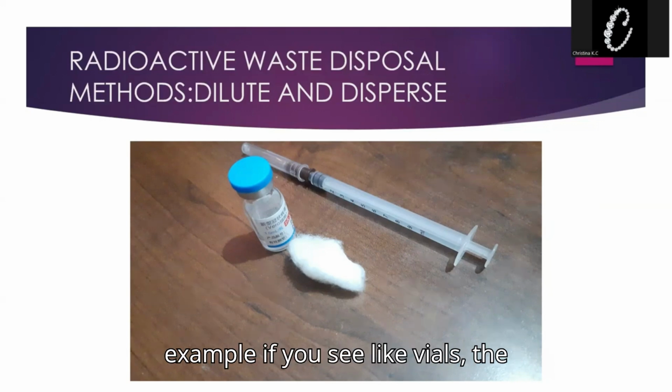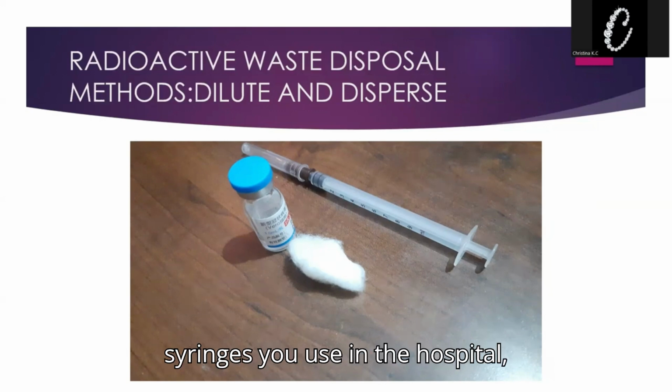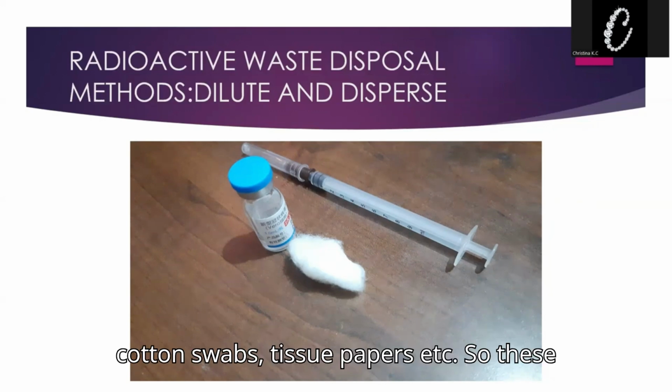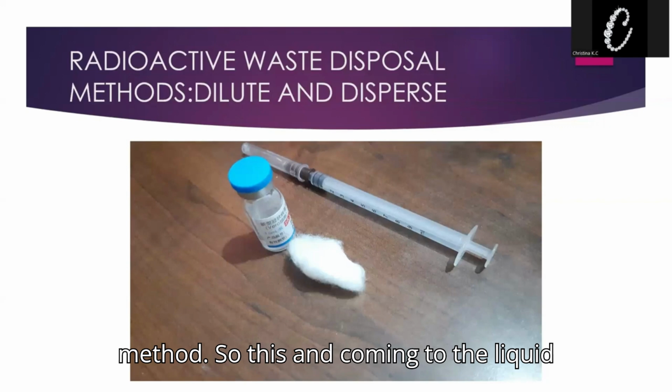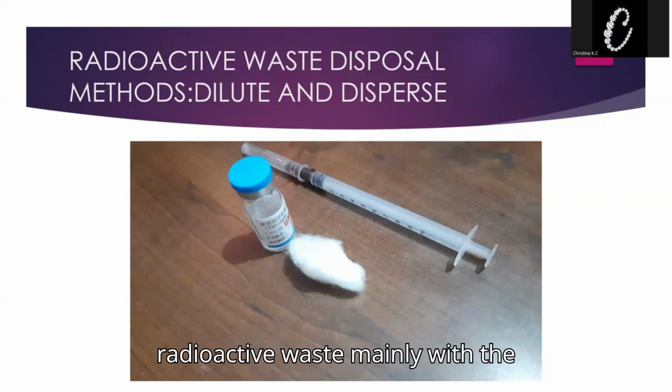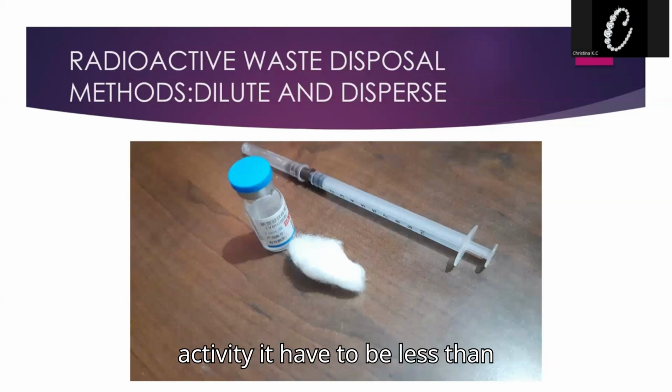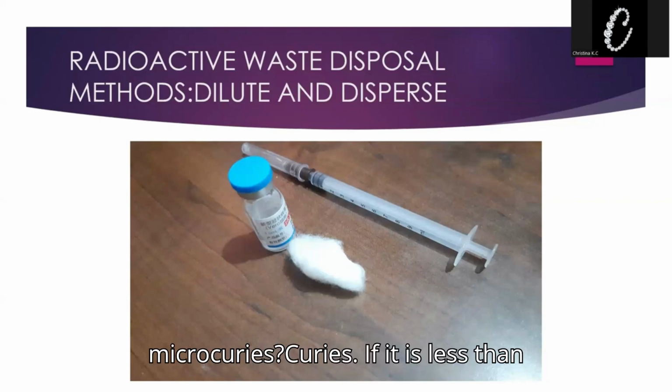For example, vials, syringes used in the hospital, cotton swabs, tissue papers, etc. These all come under the dilute and disperse method. For liquid radioactive waste, the activity has to be less than 1.35 microcuries. How many? 1.35 microcuries.